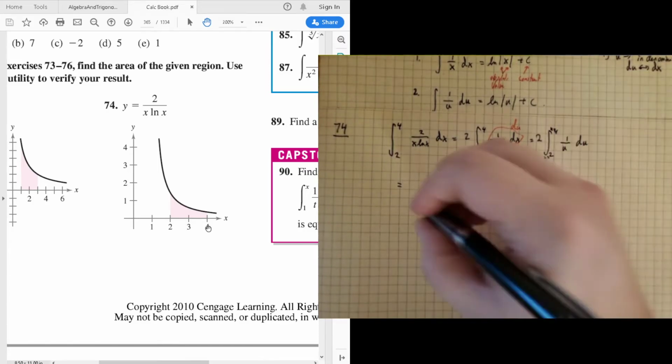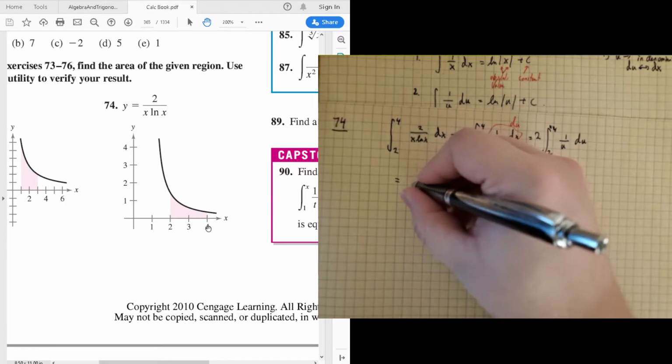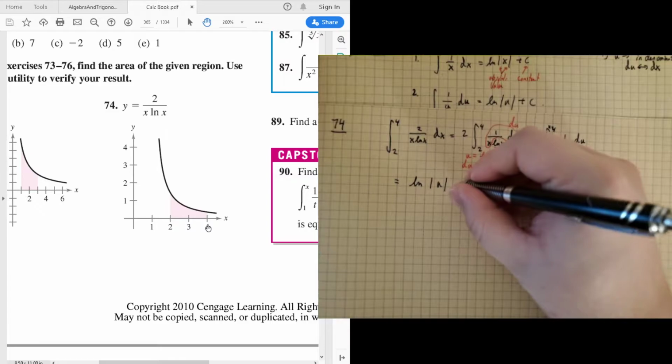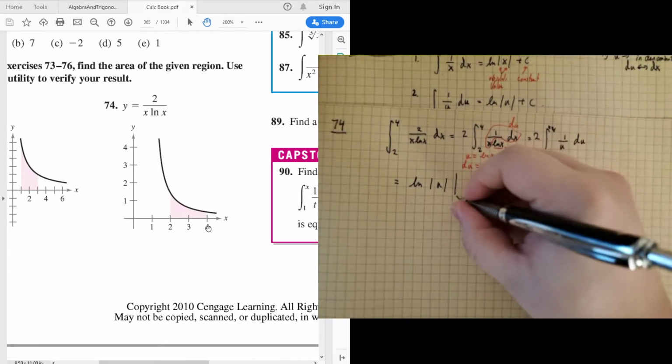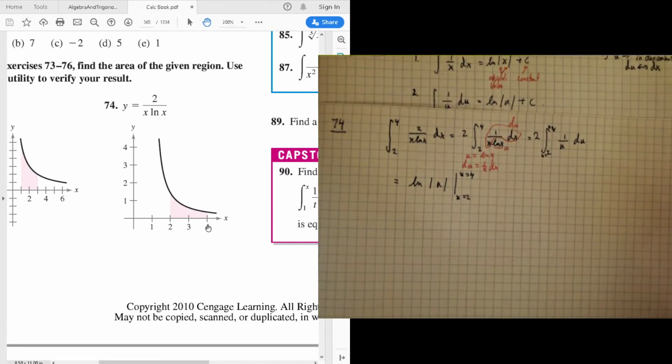Okay, next. Let's actually integrate this. So according to our substitution, we'd use theorem 5.5 part 2. This becomes natural log, the absolute value of u, evaluated from x equals 2 and x equals 4.